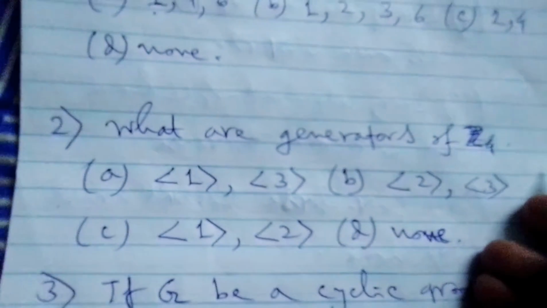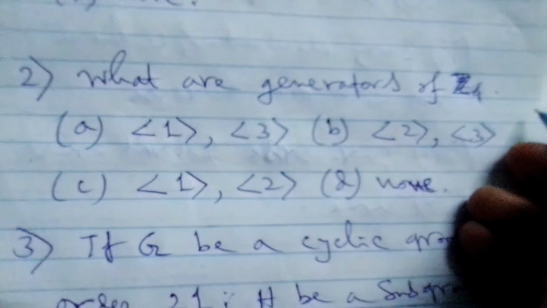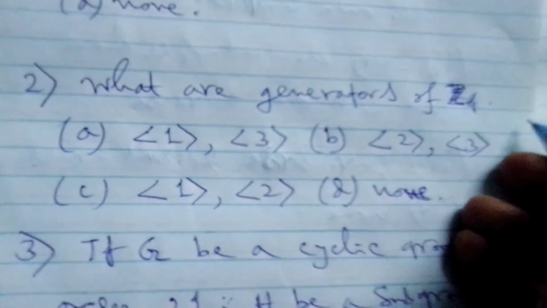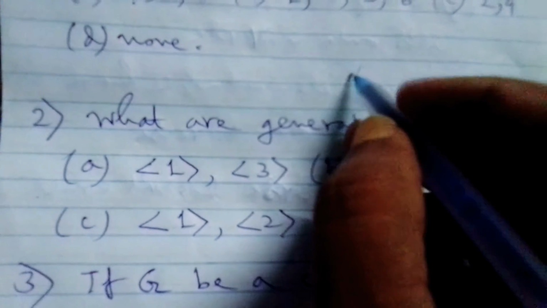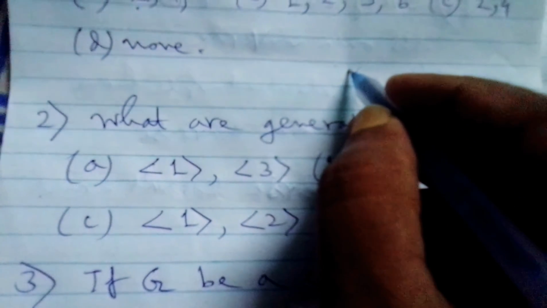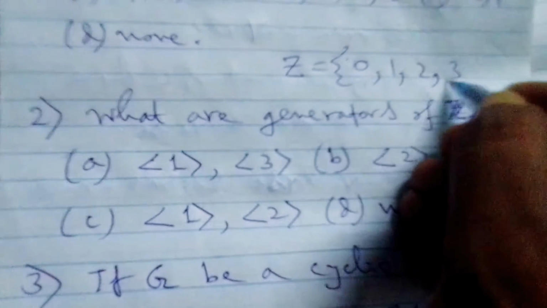Z4 is the integers modulo 4. How do we construct this? We consider this cyclic group, and it forms the elements 0, 1, 2 and 3.